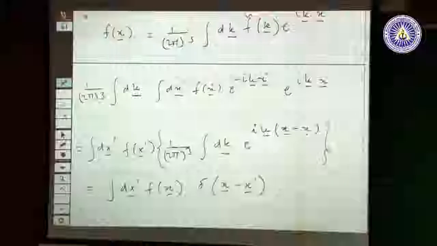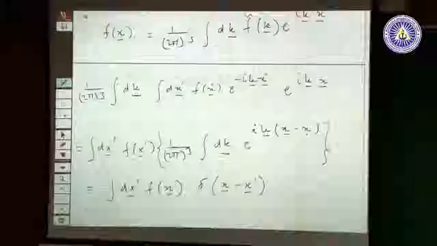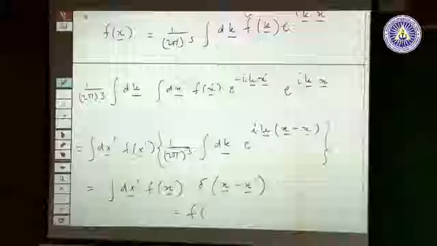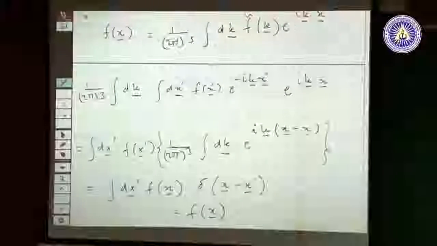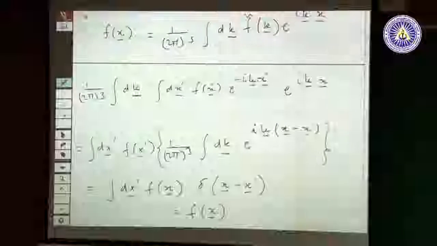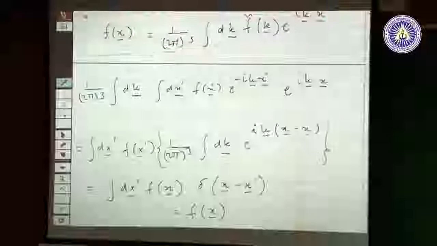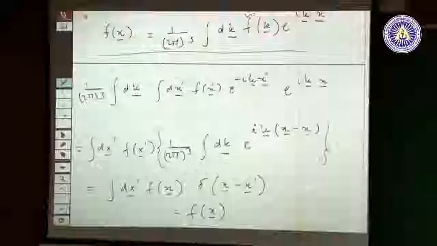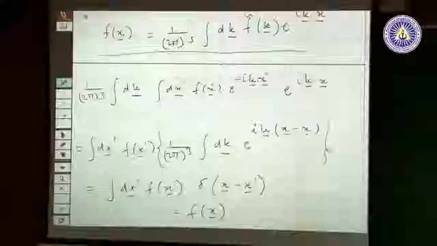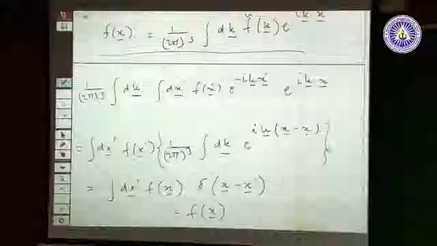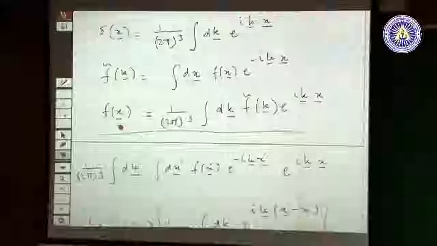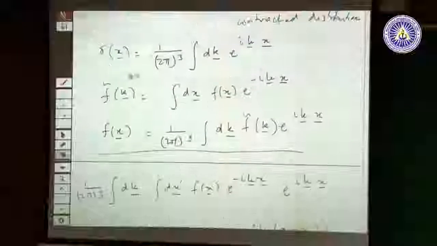And then from the property of the delta function, it picks the value of f at x, and so this is nothing but f(x). Which is what it should be, because that was our definition of what f(x) is. But you saw that by using this representation of the delta function, you got it back, that it was consistent. So, that is just to convince you that this representation is in fact the delta function.